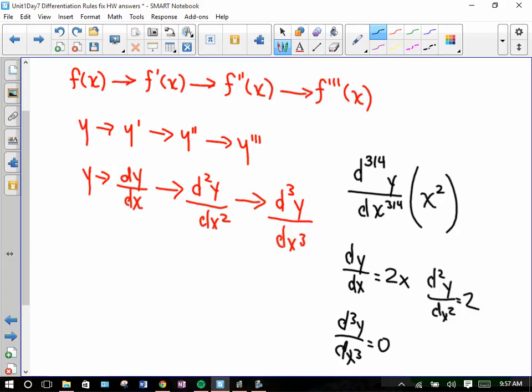Therefore, it's going to be 0 for anything higher than that.